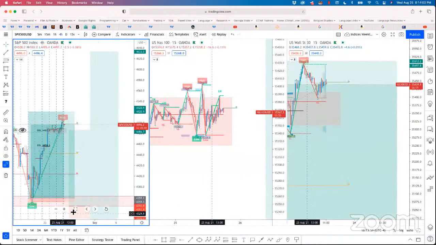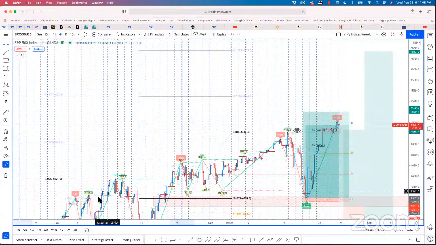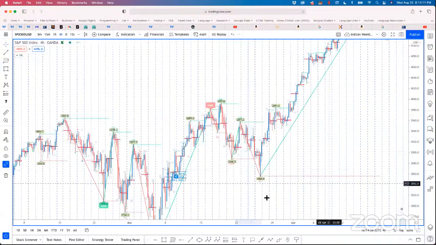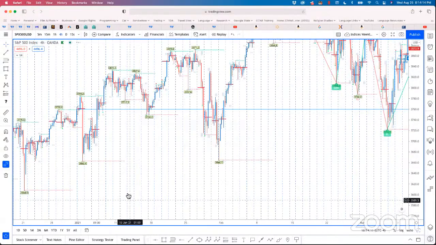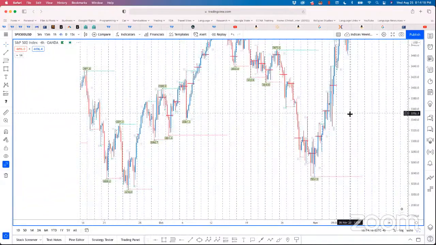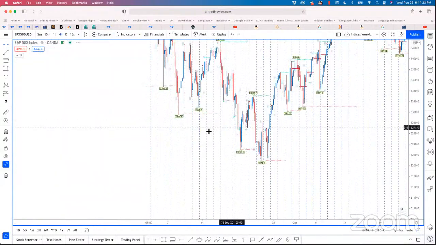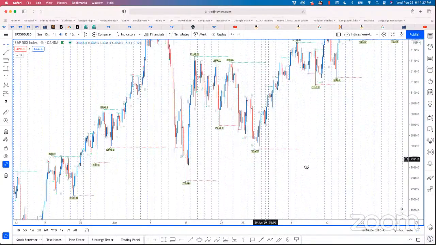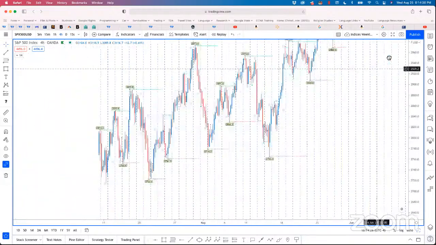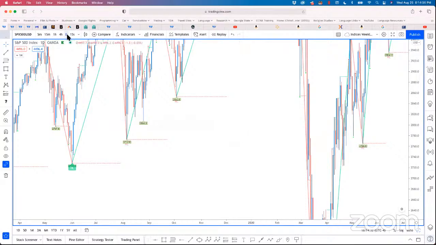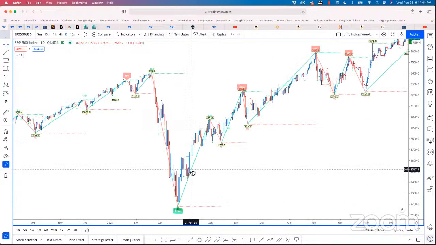Let me look at this SPX chart. I think I still got some of that stuff on here. Nah, I guess I took it off. But yeah, I used to draw it up myself every time, but I don't know if this is the same chart or not.